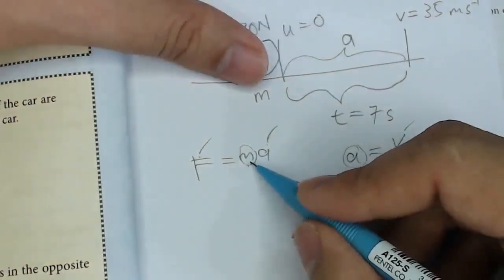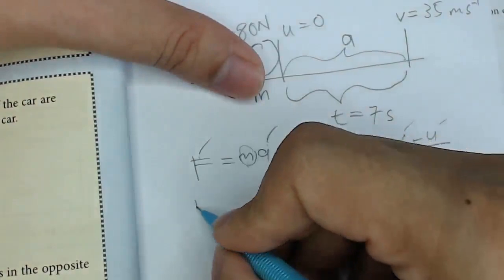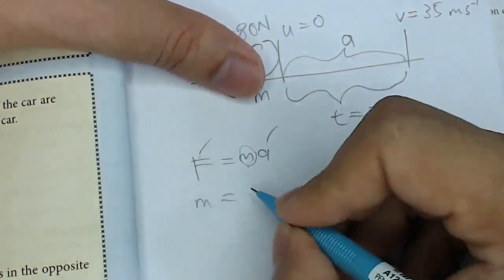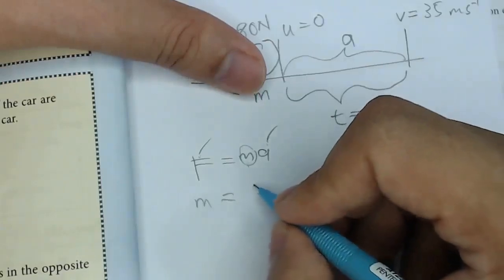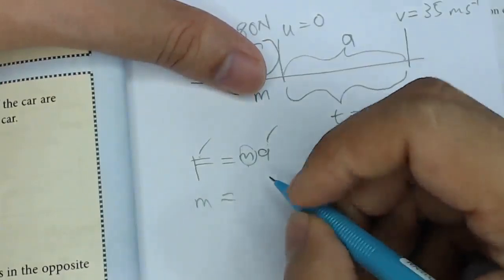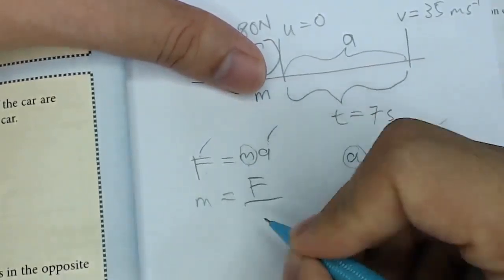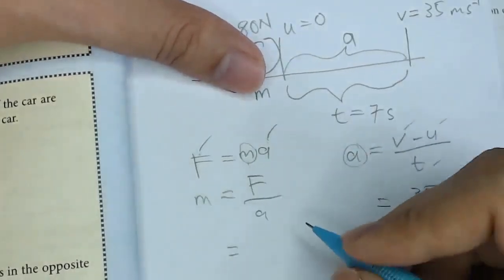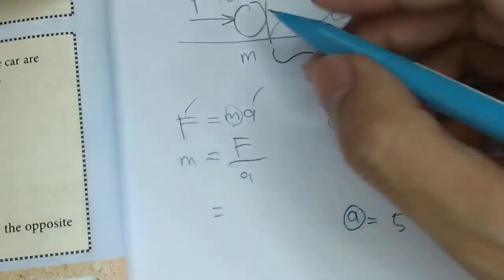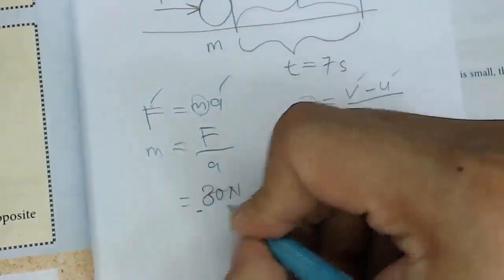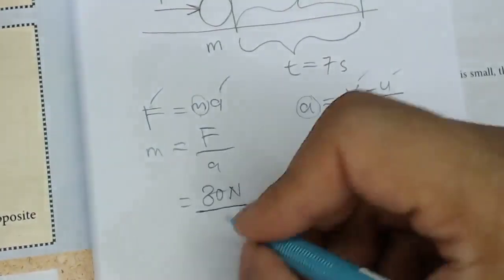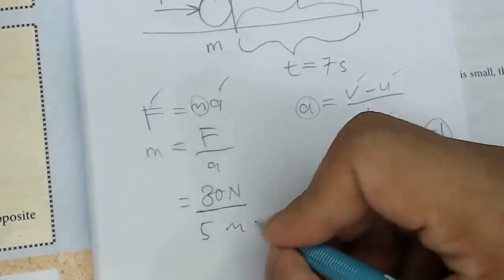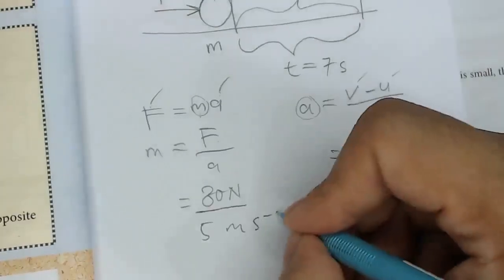Can't we find the value of M? Of course we can. First we do the algebra transfer to get the variable that we want, M equals F divided by A. Then we substitute the value F. We have 80 Newton. A we have 5 meter per second squared.